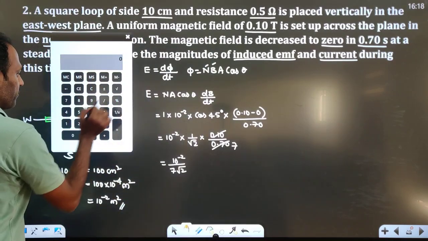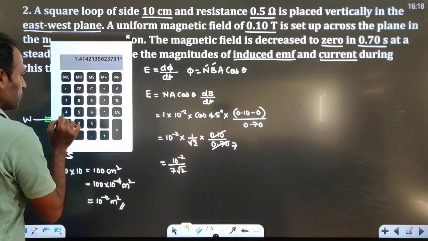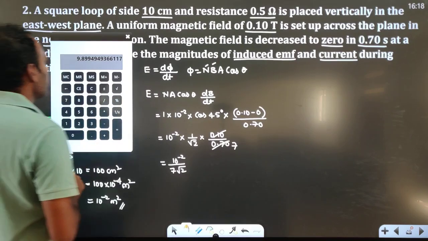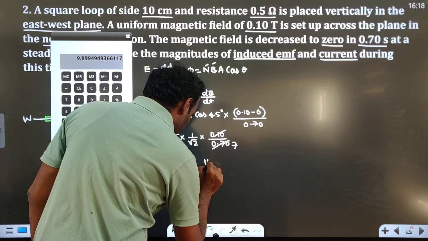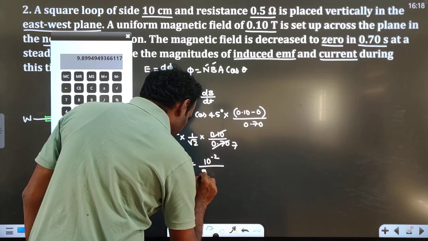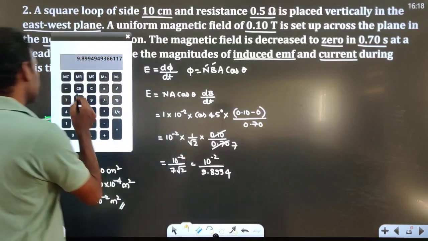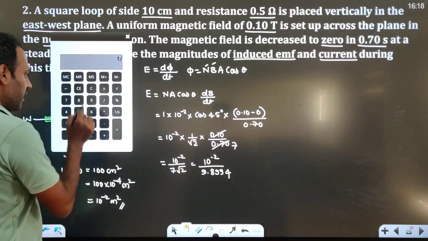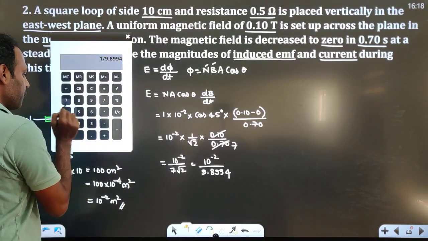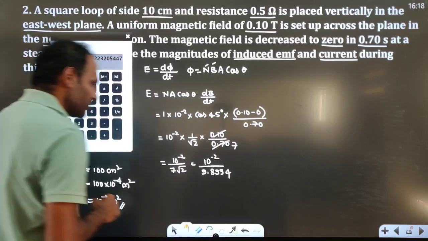Okay, root 2 into 7. How much is this? 9.8994, right? Okay, next we will divide 1 divided by 9.8994. What will I get? 0.1010.